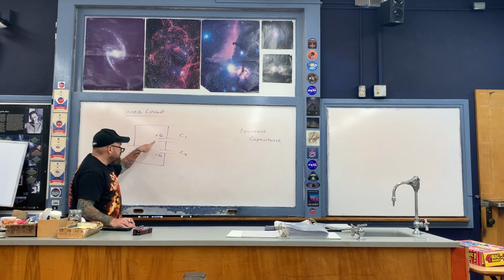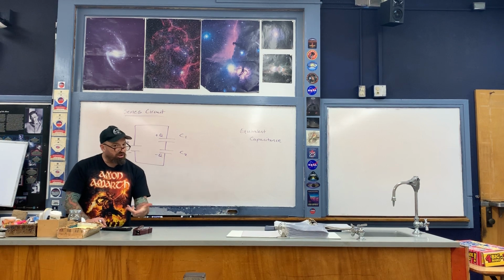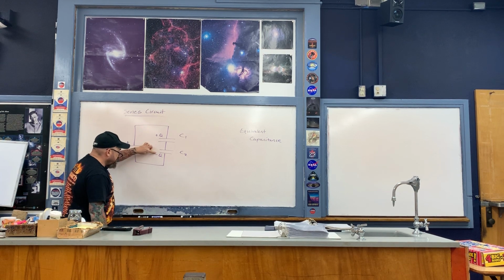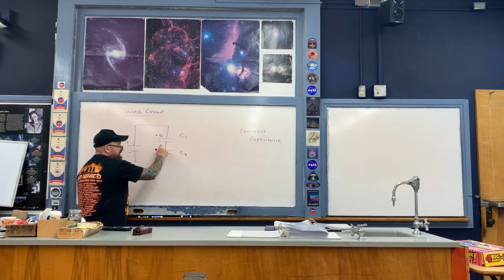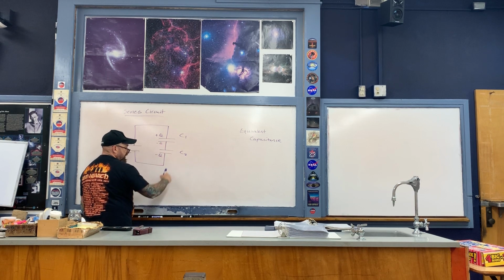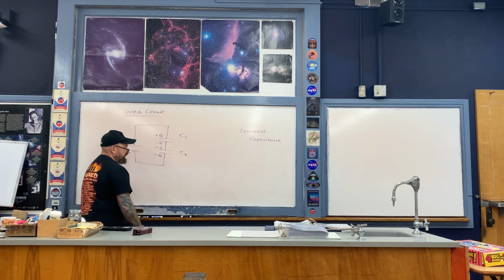What happens to this piece of metal right here? This piece of metal is uncharged to begin with. Therefore, it becomes polarized when charge gathers here and here on these sides of these respective capacitors. This side of the piece of metal becomes negatively charged, and this side becomes positively charged.